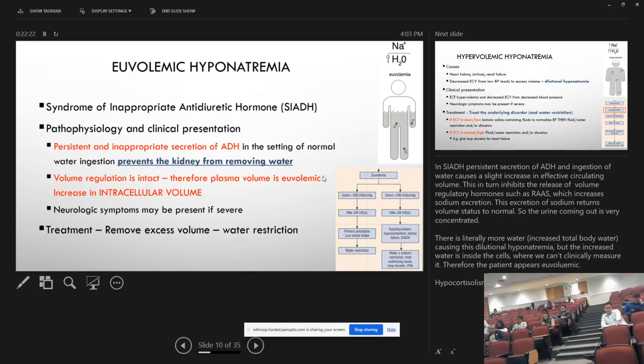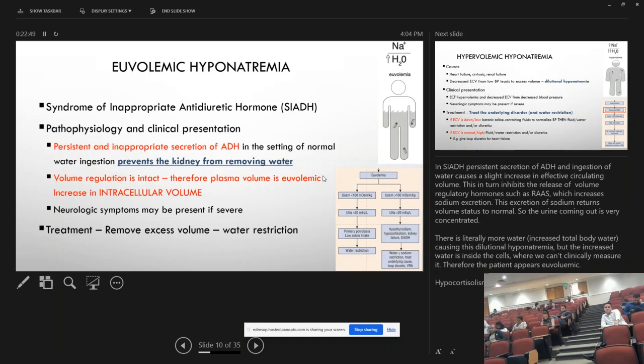And this prevents the kidney from removing water, so that reabsorption of water. Their volume regulation is intact, therefore plasma volume is euvolemic, but they probably have an increase in intracellular volume. So their intravascular space is euvolemic, but inside the cells, there's too much volume.